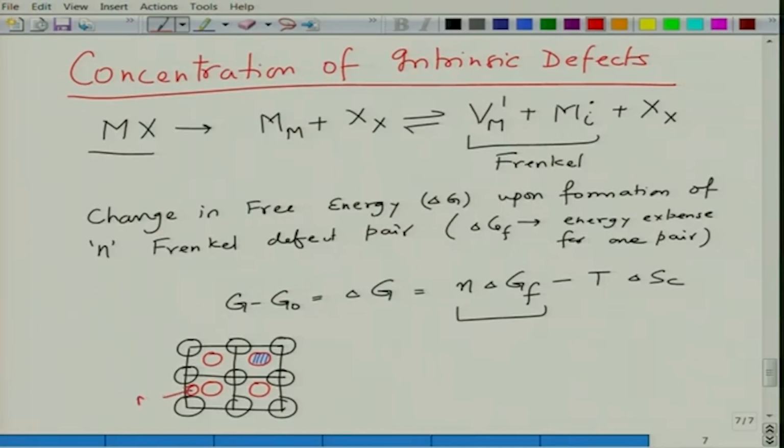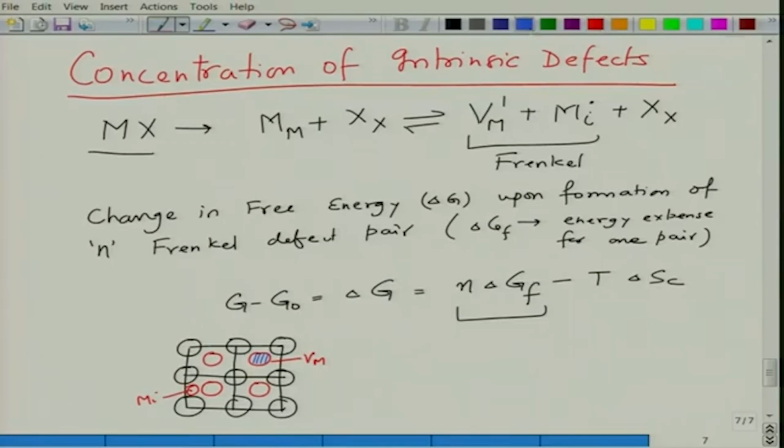So, this will be M_i, this will be V_M, but now where can you put it? The configuration has changed, it does not need to be here, it can be somewhere else. So, there are various possible configurations, as a result your configurational entropy will change. So, delta S_c basically represents the number of ways in which you can arrange these species, and this is actually positive in nature.